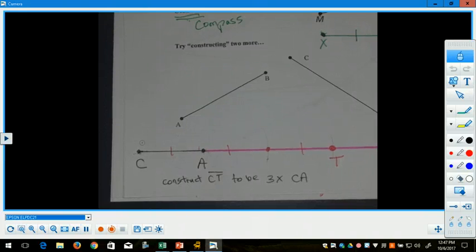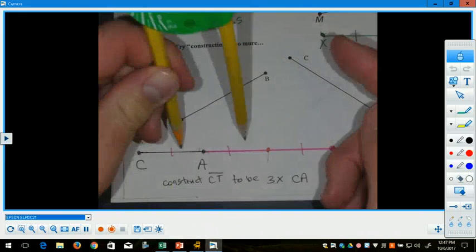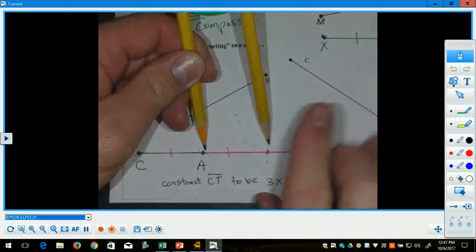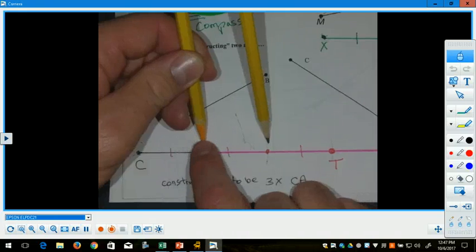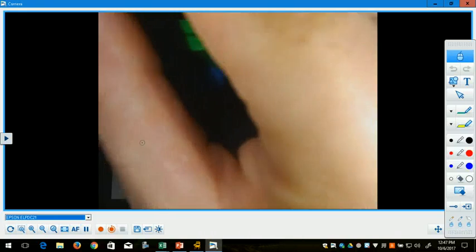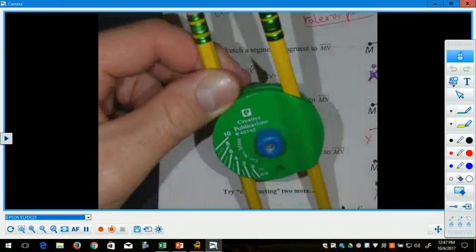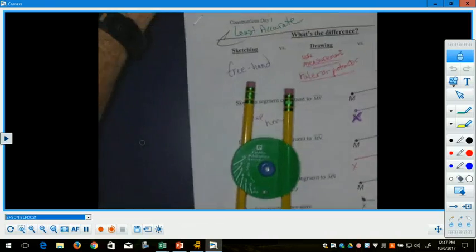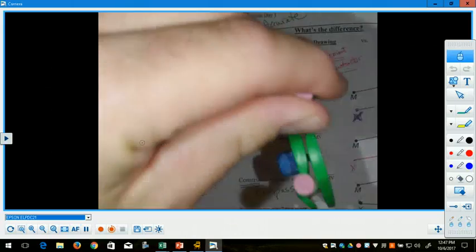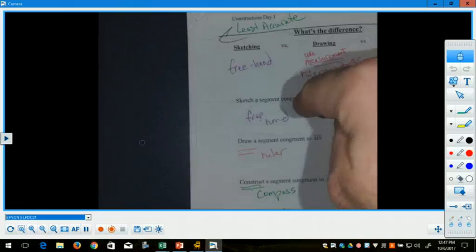My tip for that is you don't put any pressure on the pencil. You don't hold the pencil, you don't touch the pencil. You touch only the sharp point of your compass. If you're grabbing it from the top, you're going to spin from only that point, and you're only going to apply downward pressure on that sharp tip.